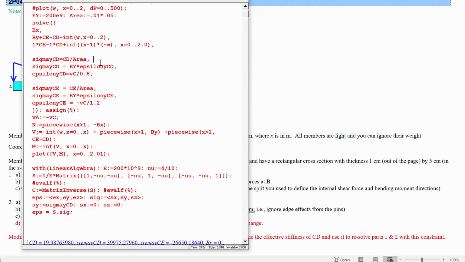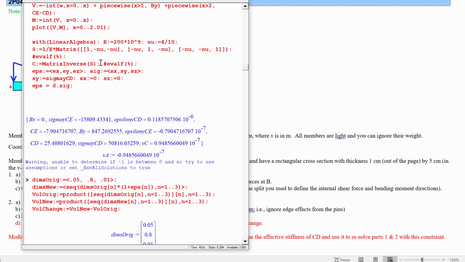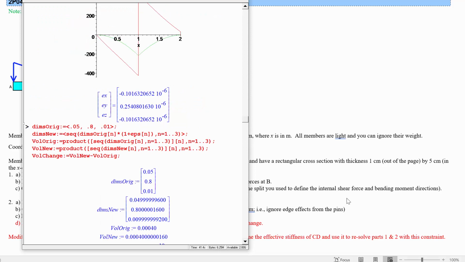If we take CD and multiply it by this thing, this should give us the new stress that shows up. We have an effective Young's modulus that's that much higher in the length direction by having it fixed in the other directions. So this should tell us what the new results are.